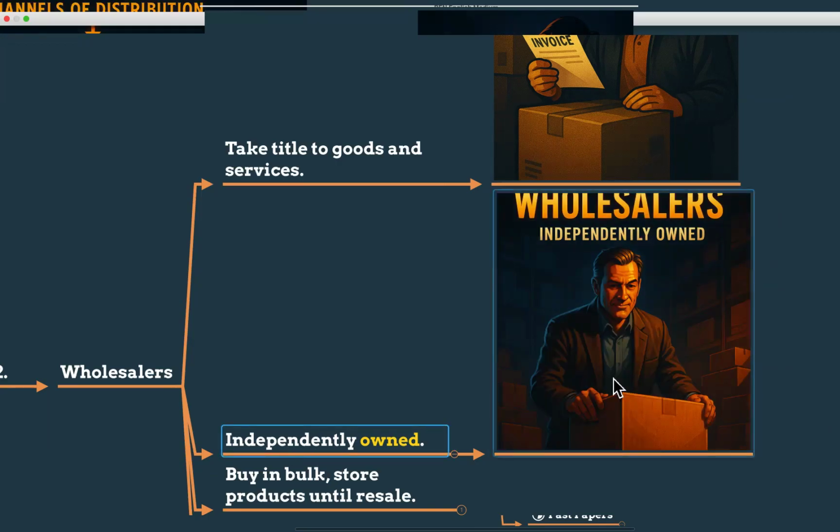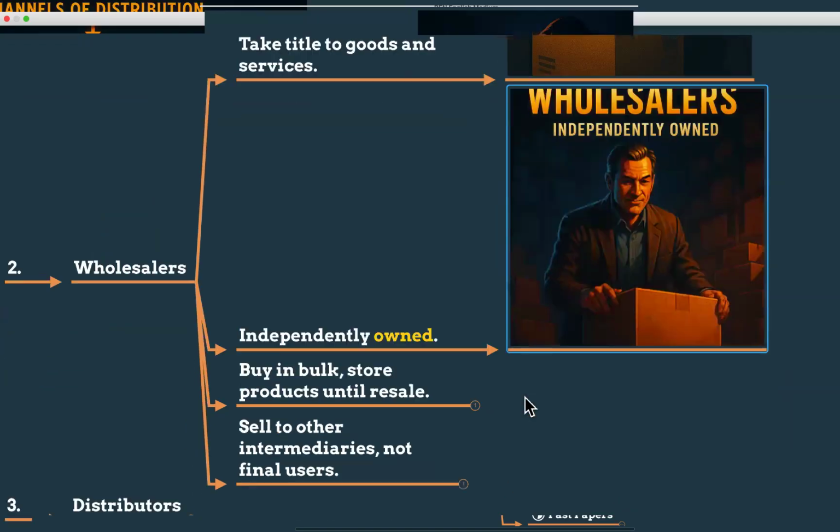That's important. Agents are just an extension of the manufacturer's business, but wholesalers have a separate business, not controlled by the manufacturer, while agents are controlled by the manufacturer. Agents' decisions rely on the manufacturer's decisions, but wholesalers can make independent decisions.